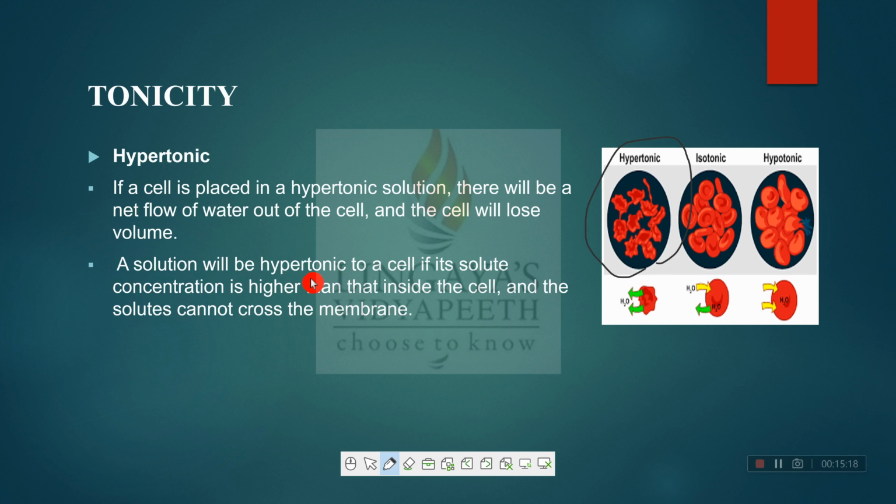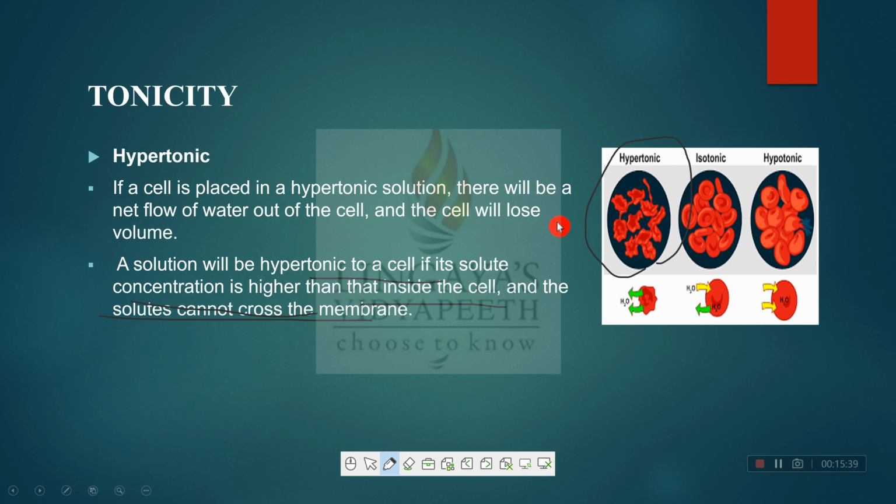This is a hypertonic solution. A solution will be hypertonic to a cell if its solute concentration is higher than that inside the cell and solutes cannot cross the membrane. Solutes will not be able to cross the membrane because of their big size, but the water molecules will flow out.